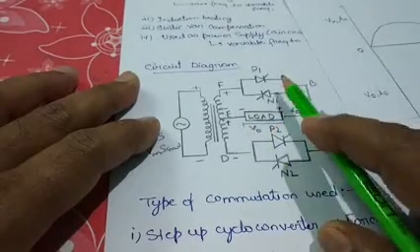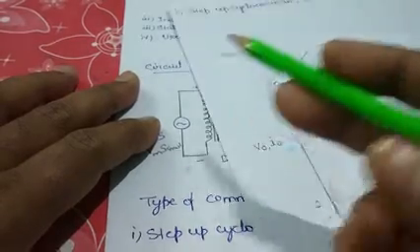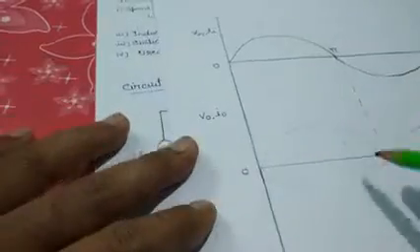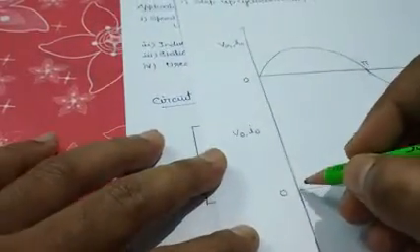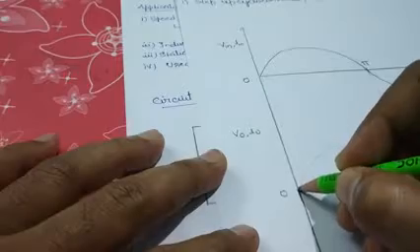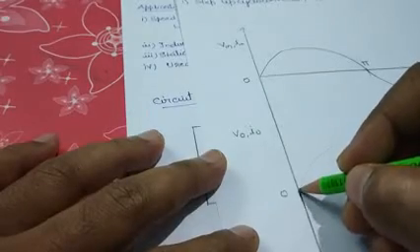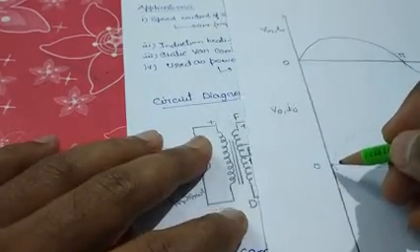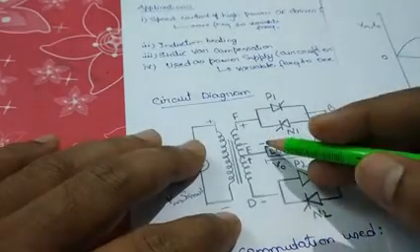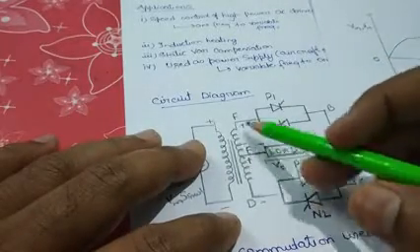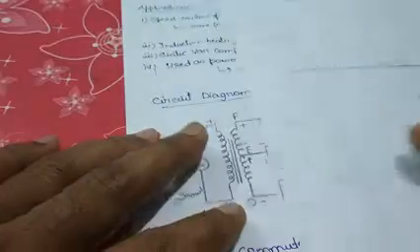So for A to E, P1 will be triggered. Now P1 will be triggered at this point. When P1 is triggered, the output voltage will be equal to the supply.